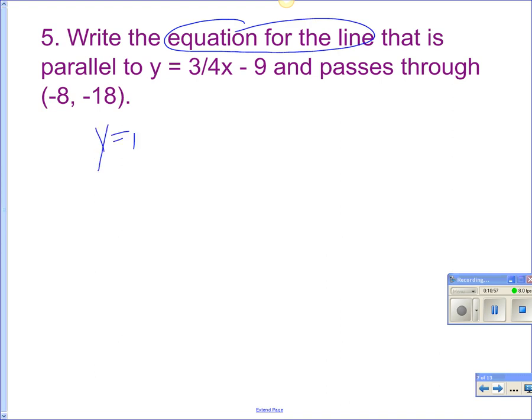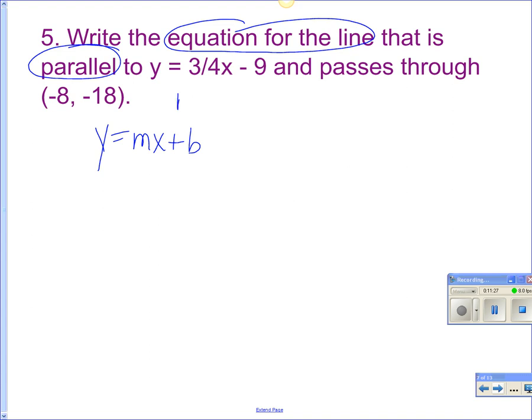Good. Everybody write it down, please. Y equals mx plus b. Good. Chad, what's something else I should do on this problem? What does parallel mean, Chad? Same what? Slope. Same slope. Ethan G, which one of these is my slope?